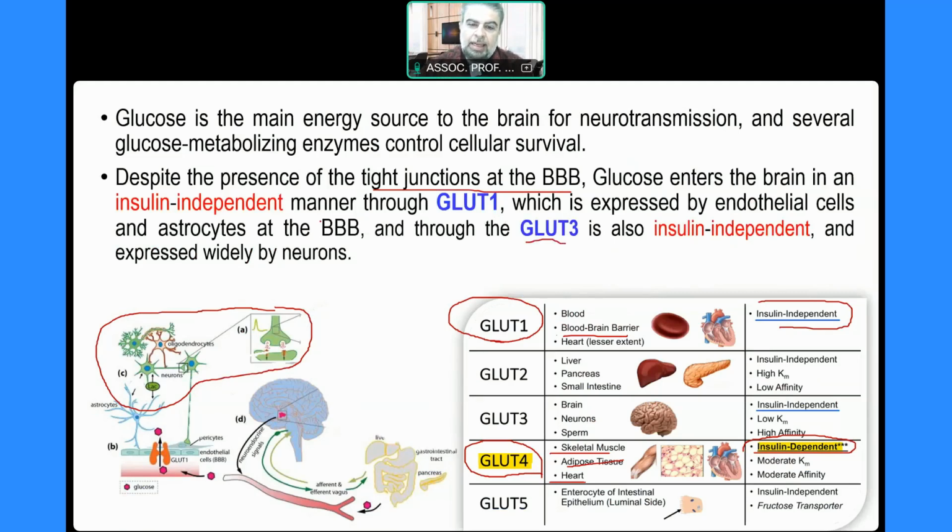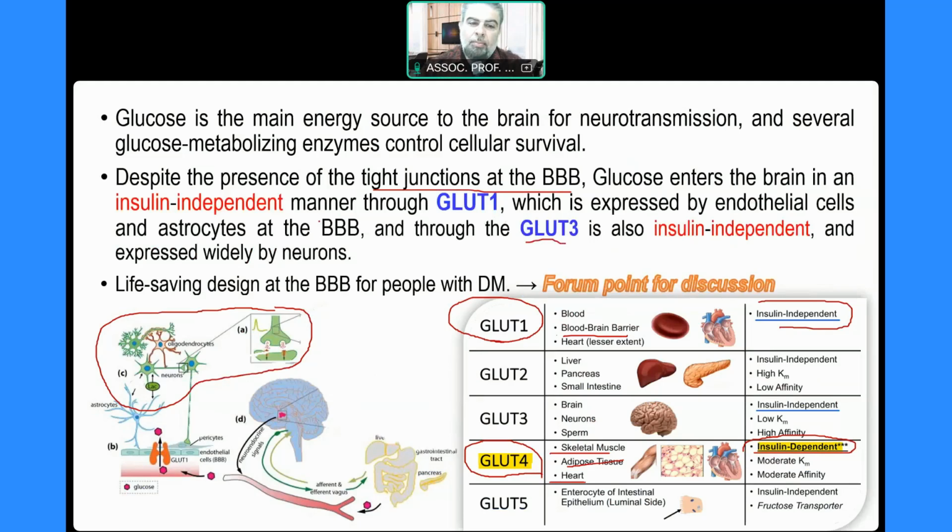This is considered a life-saving design at the blood-brain barrier for people with diabetes. And I want to hear from you in the forum as a point of discussion: why is it considered life-saving to have glucose transporter 1 and glucose transporter 3 as insulin independent, especially in patients with diabetes?